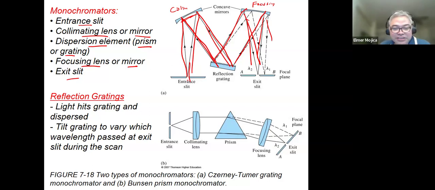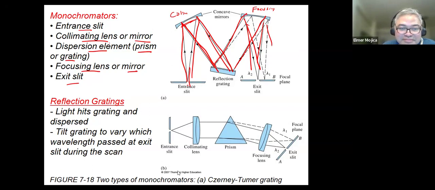How does it differ from the so-called Bunsen prism? The Bunsen prism monochromator also operates on the principle of dispersion.